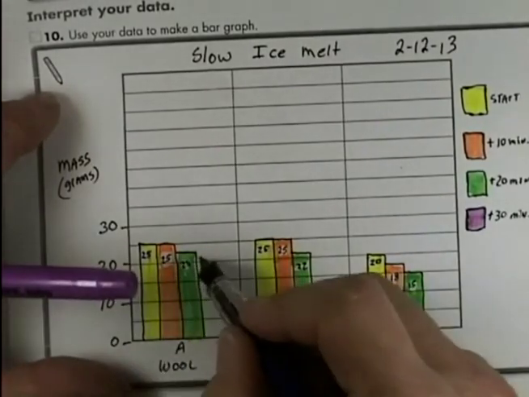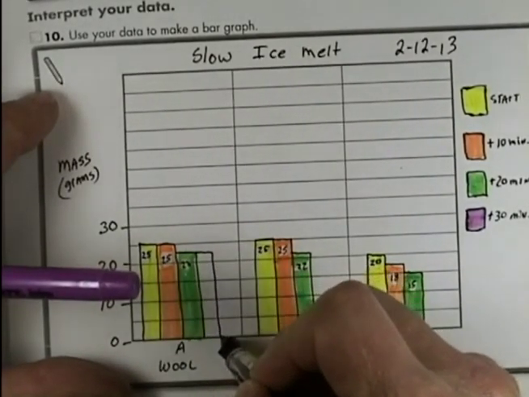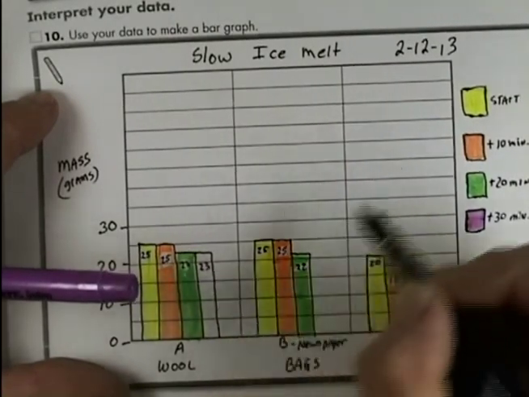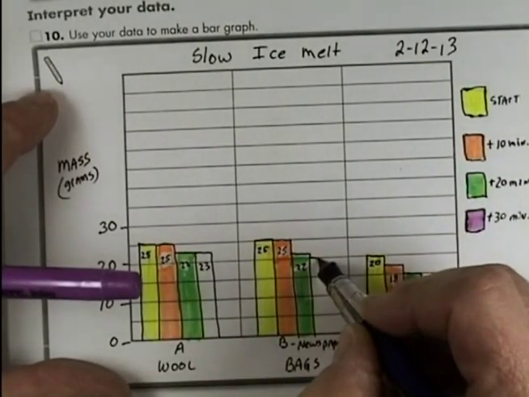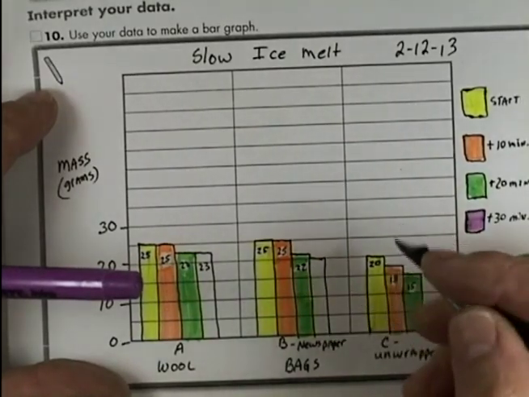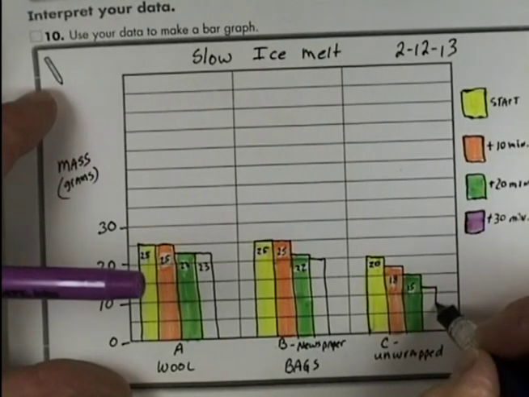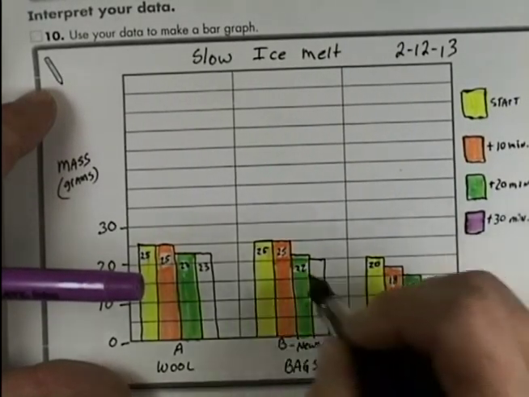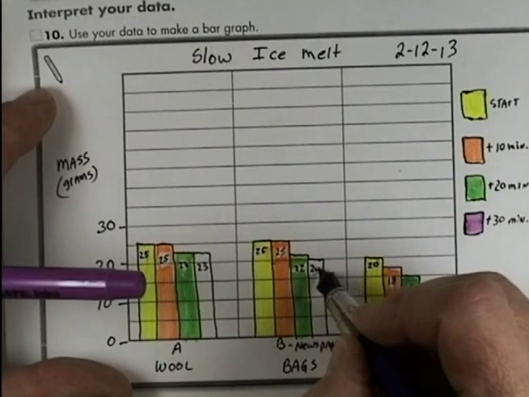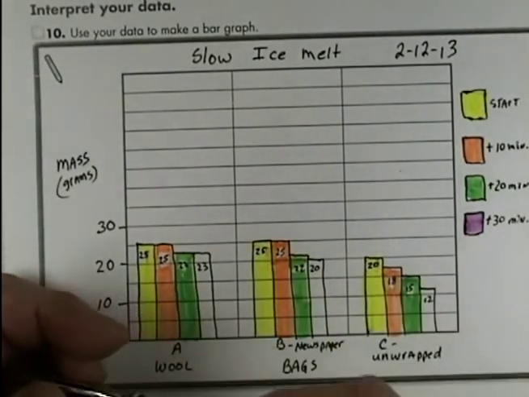This one stayed at 23. This one went to 20. And this one's gone to 12. Wow, looks like the unwrapped is not staying melted.